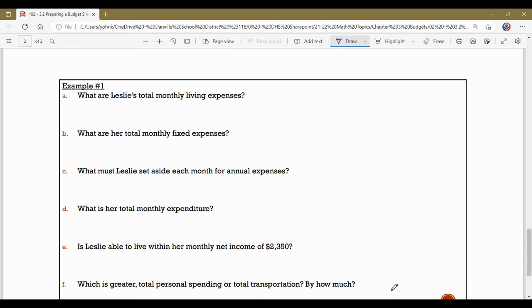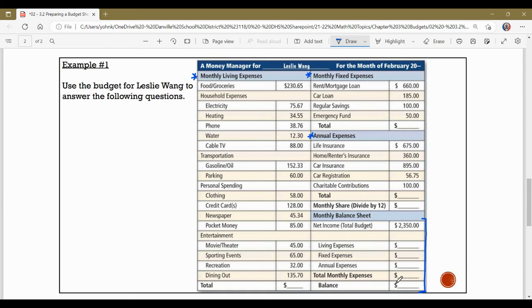1A, what are Leslie's total monthly living expenses? So total monthly living expenses means I want to find this number right down here. Now, that means I have to add all of these numbers up. If I add all of these numbers up, I promise you, I already did it, you get $1,286.30.